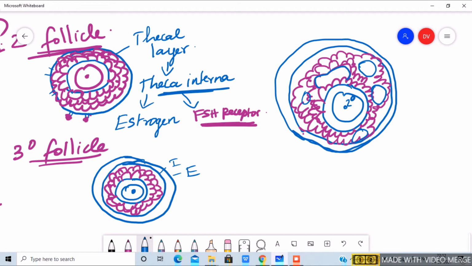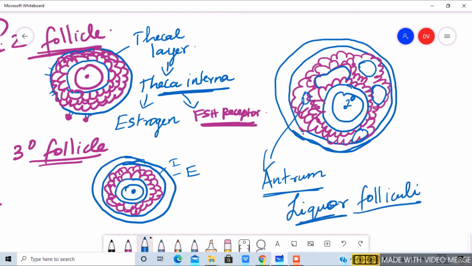Now guys, if you look at this picture, you can see some cavities in the granulosa region. Those cavities are known as antrum. Antrum is a fluid filled cavity. There is some fluid inside these cavities. What is that fluid known as? That fluid is known as liquor folliculi. Liquor folliculi.